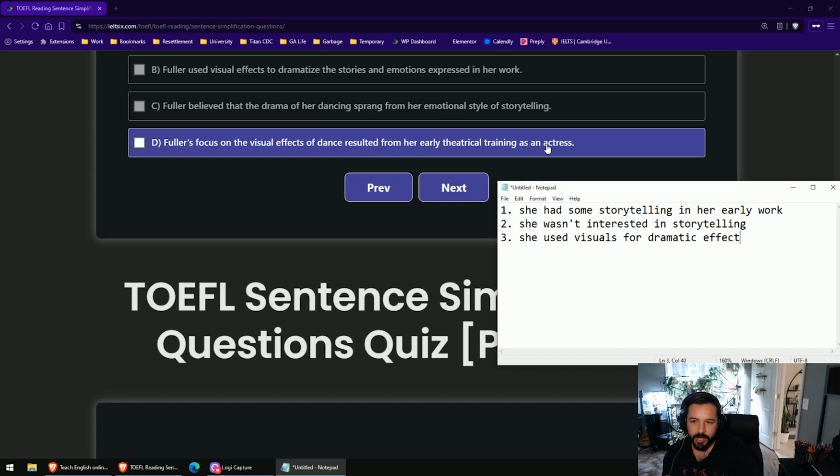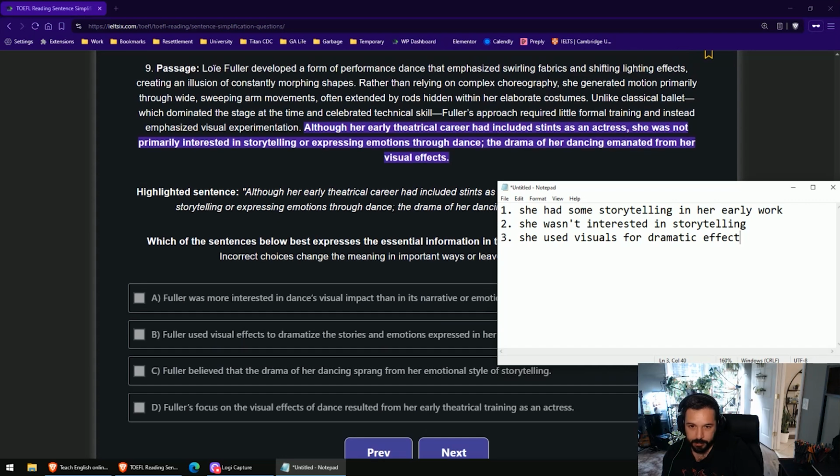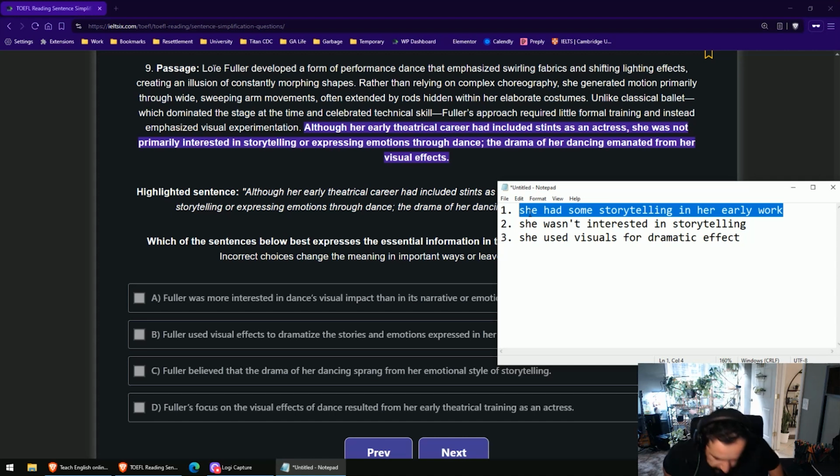She focused on the visual effects of dance, her focus on visual effects was because of her early theatrical training as an actress. Now, this is an interesting one because it says the reason why she was interested in dramatic effects was her early work. But we never said that the early work made her interested in visual effects. Quite the opposite. We said actually her early work was mostly storytelling works.